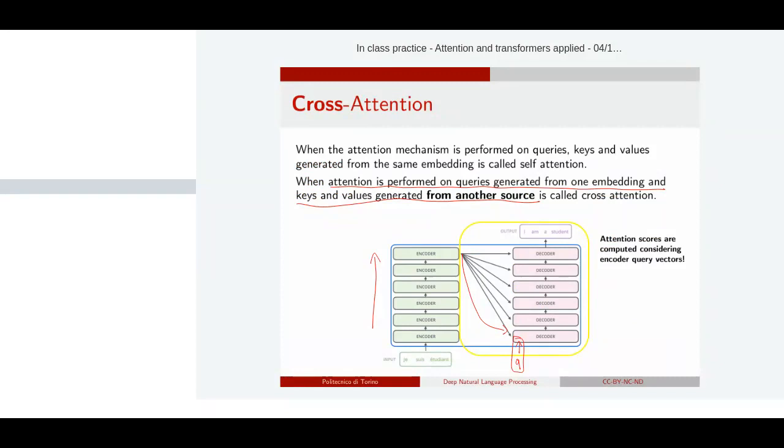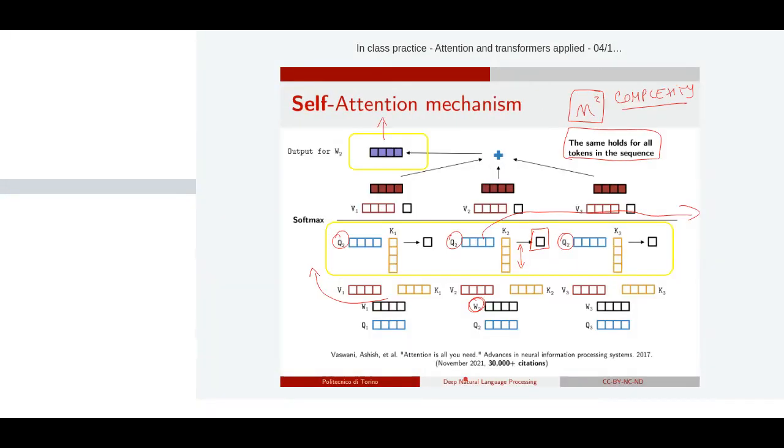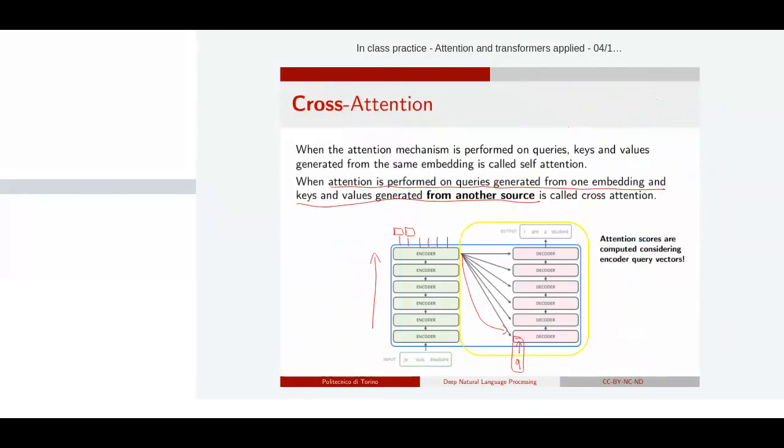The idea is that at the output of this stage, I have a vector representation for each word, right? After the attention, I have a vector representation for each word. This becomes the input of the decoder.